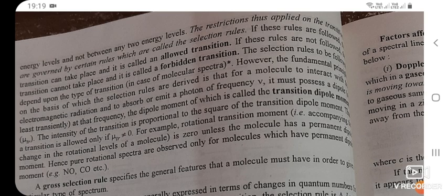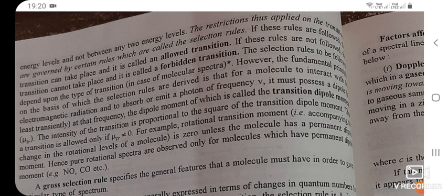The selection rules to be followed depend upon the type of transition in case of molecular spectra. However, the fundamental principle on the basis of which the selection rules are derived is that for a molecule to interact with the electromagnetic radiation and to absorb or emit a photon of frequency nu, it must possess a dipole at that frequency, the dipole moment of which is called the transition dipole moment.